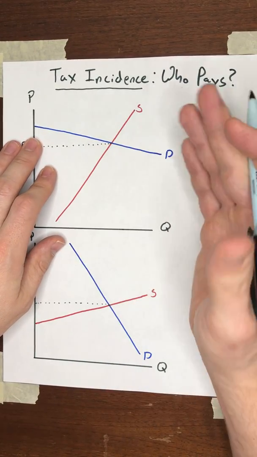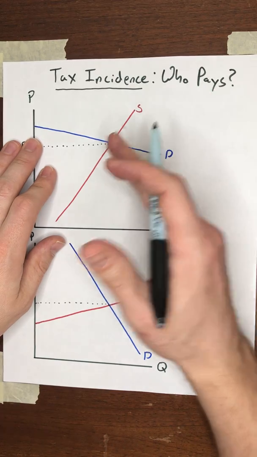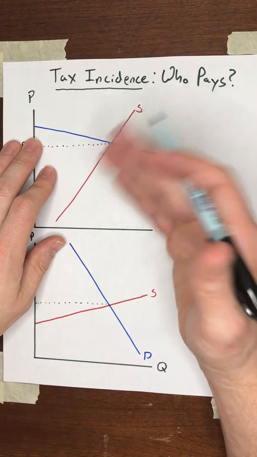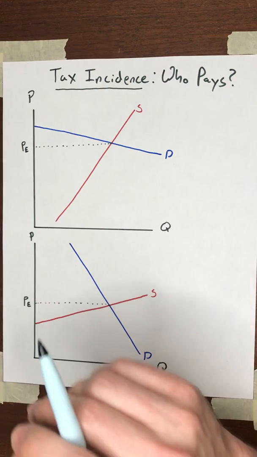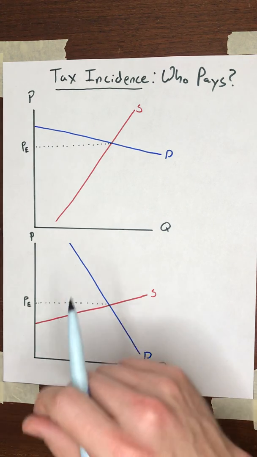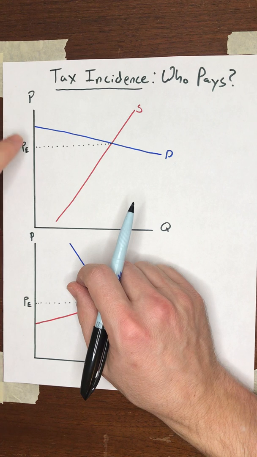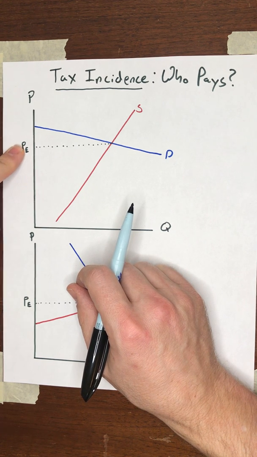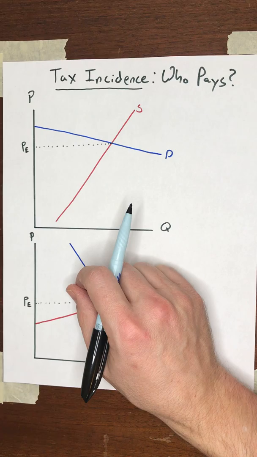Does the bulk of the tax fall on the buyers, or does it fall on the sellers, or is it split, say, 50-50? And the way that you answer that question is you compare the new prices that the buyer has to pay and the seller receives. You compare those prices to the old equilibrium price. And the farther their price is away from equilibrium, the larger a share of the tax that side of the market is going to pay.